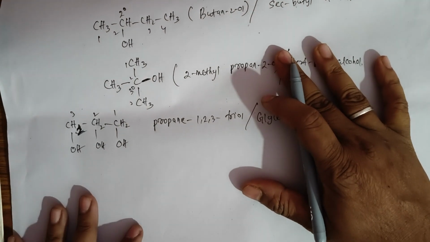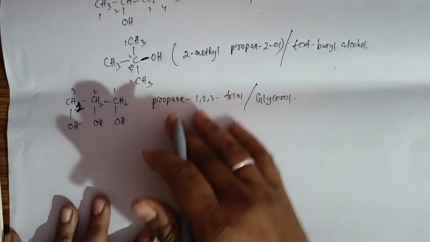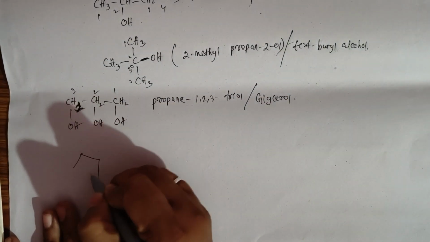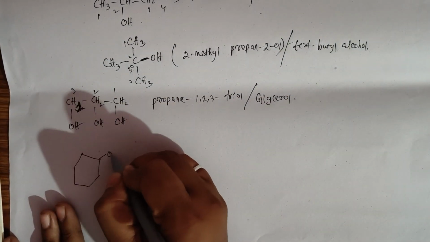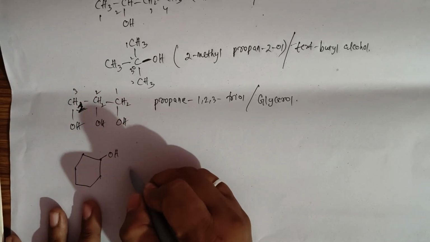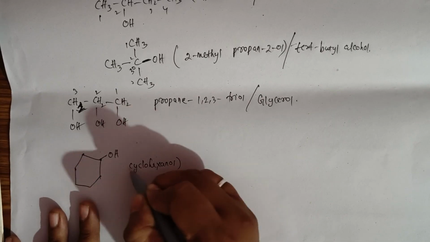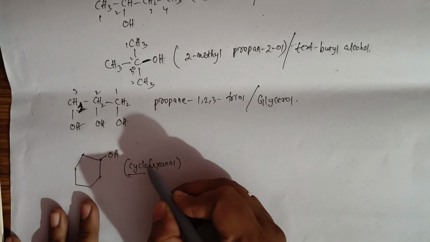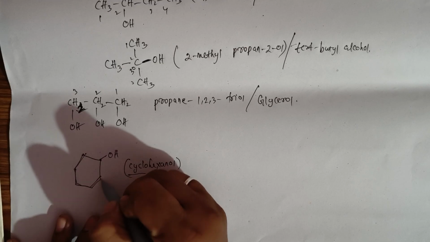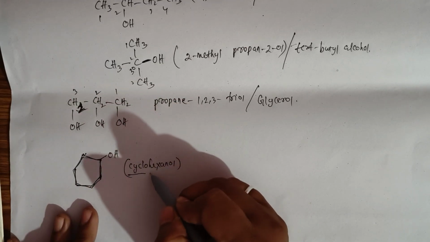So now let me write some cyclic compounds. This is a cyclic compound. What is the name of this compound? This is cyclohexanol. Why is it called cyclo? It is because the carbon atoms are attached in a cyclic nature.